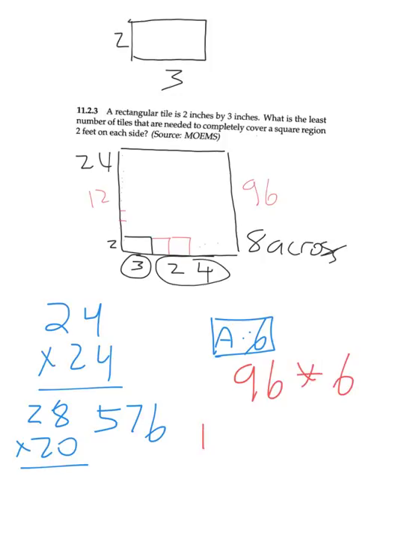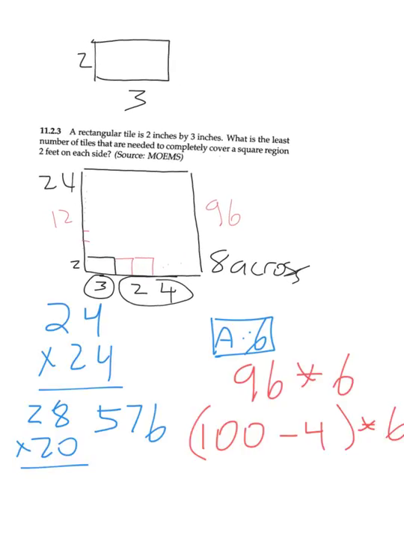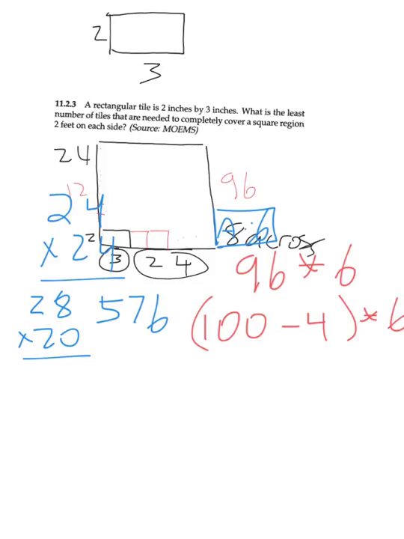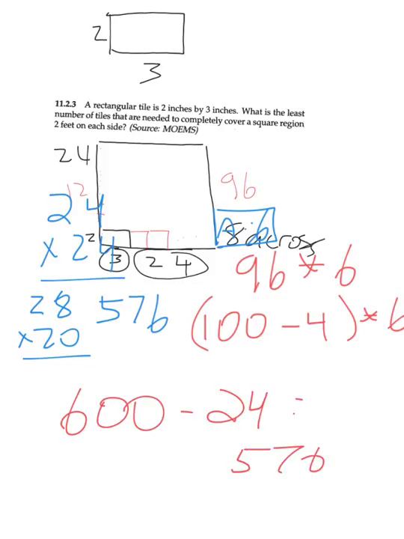Let's do 100 minus 4 times 6. So we try that and we say that would be 600 minus 24 equals 576. So now we feel more confident in our 96 as our answer.